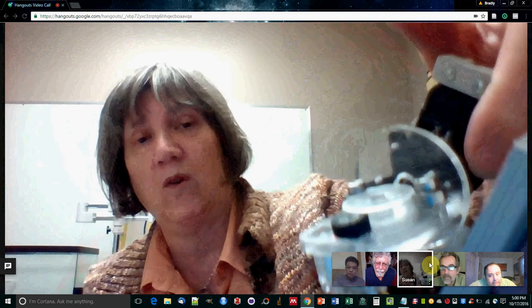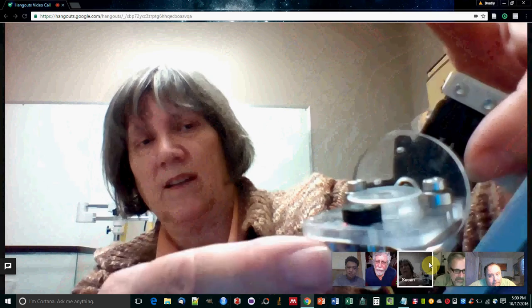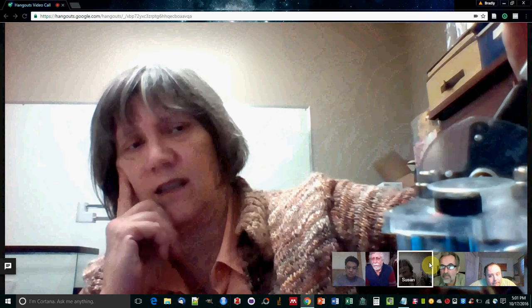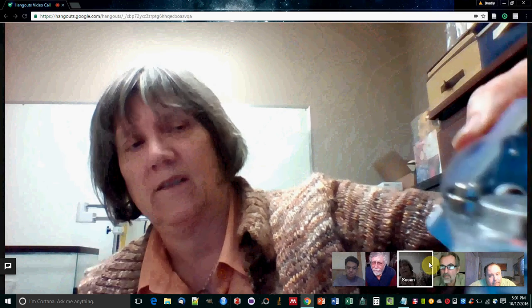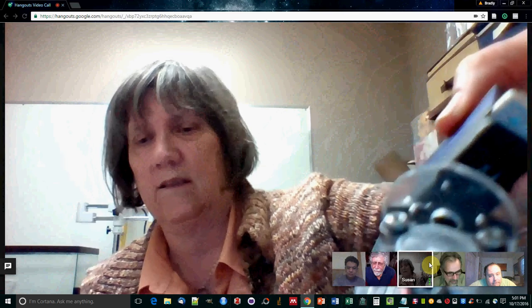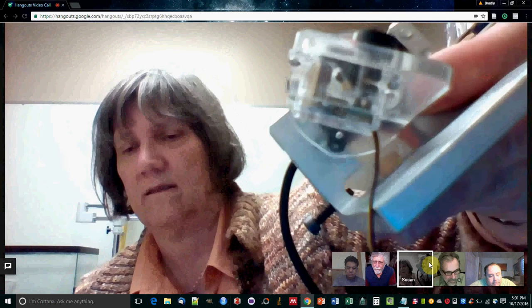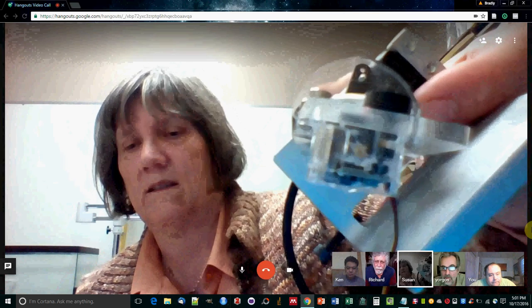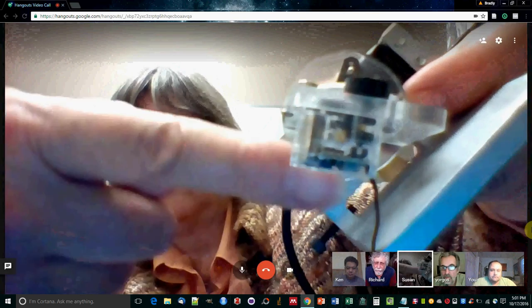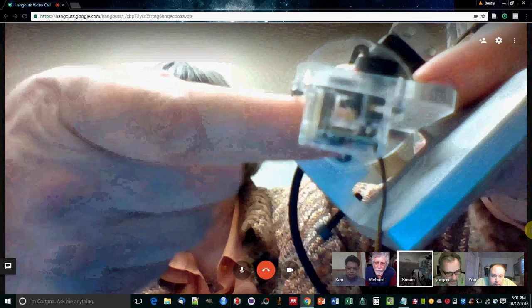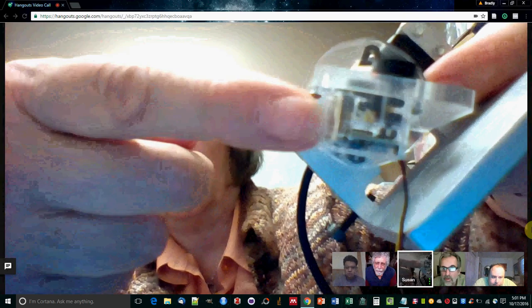It costs more to machine it than the motors. The little one is less than $50. So it just costs to machine it. Anyway, that's probably small enough to put inside the chamber in an SEM. Yeah, it's about the size of the tip of my finger.